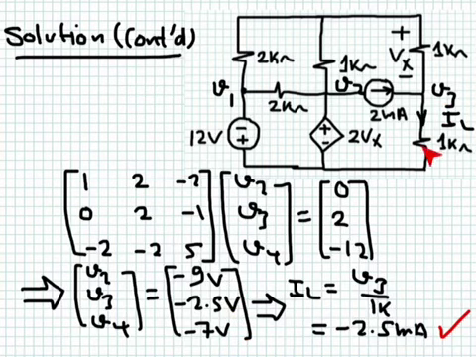And the current flowing in this branch is simply equal to V3 divided by 1K. V3 is minus 2.5 volts, so you get minus 2.5 milliampere, which is the same answer we got using loop analysis. So whether you use loop analysis or nodal analysis, you should get the same answer.